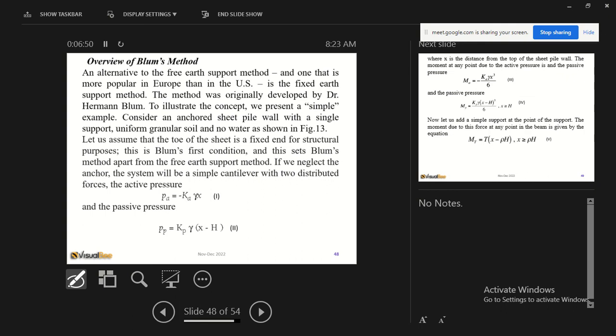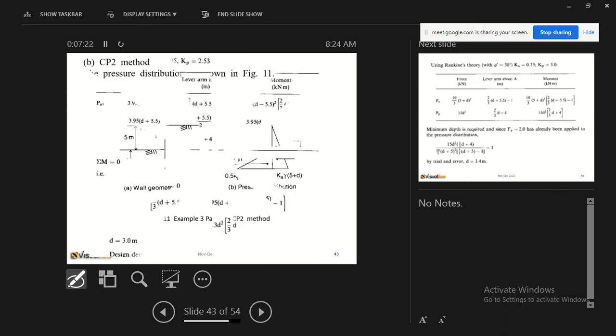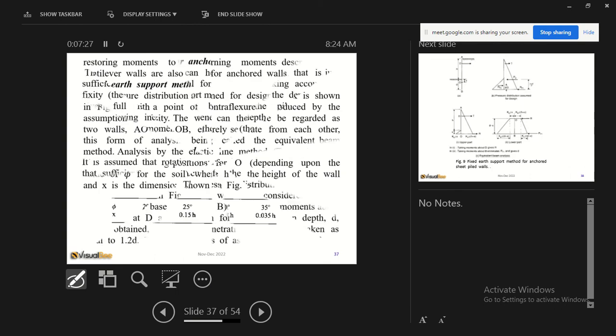So finally we talk about Blum's method. We already said that you can have an anchor, but you need to know the forces in the anchor. You remember someone asked yesterday how to deal with waves. So this is how to deal with the horizontal forces. We touch on this a little bit here, but you can see the pressure distribution here is quite complicated.